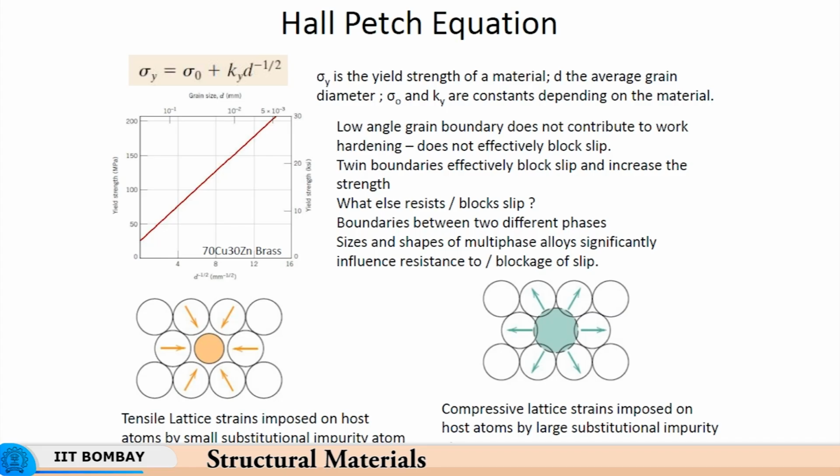So it all depends upon how the dislocations interact with the stress fields which are created by the interstitials. For example, you take a large atom like molybdenum, tungsten, and so on. They will cause extremely high lattice strains as interstitials, and therefore they will make dislocation movement extremely difficult.